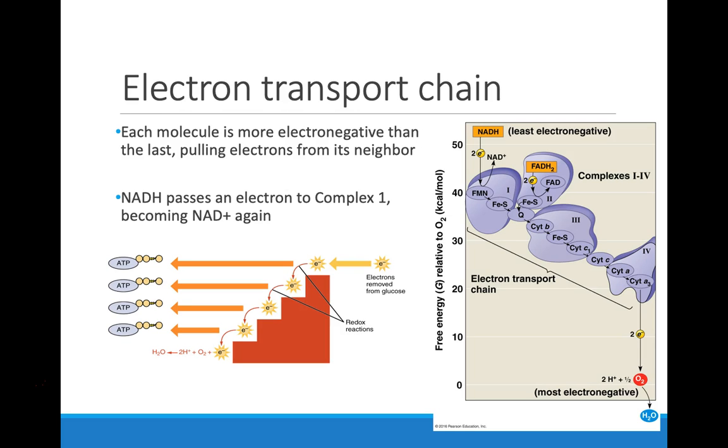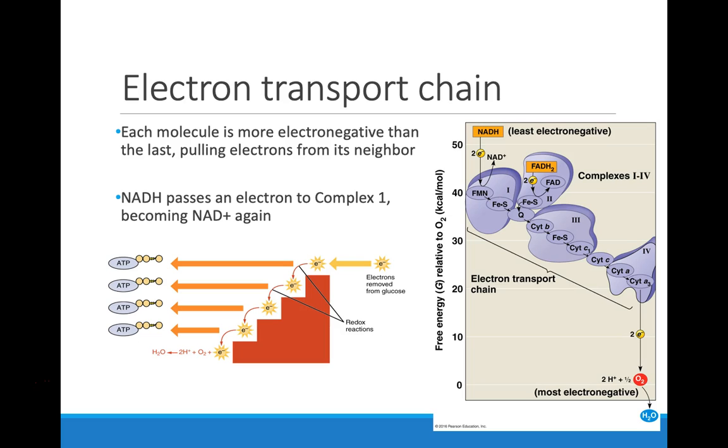All right, so the electron transport chain is really the link between the citric acid cycle and oxidative phosphorylation. In the electron transport chain, we have a series of molecules that are embedded in that mitochondrial membrane. And each one of those molecules is more electronegative than the last.